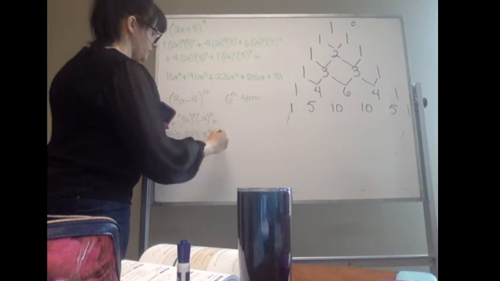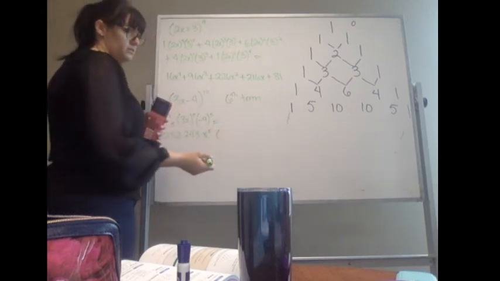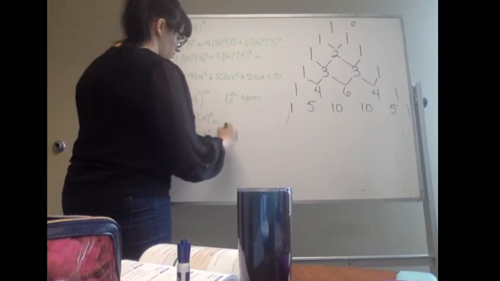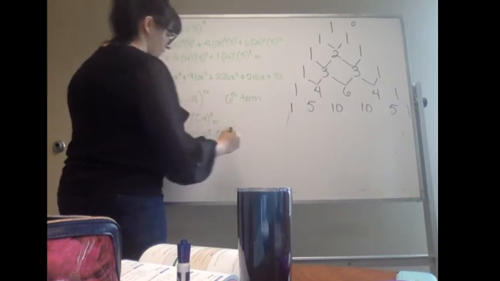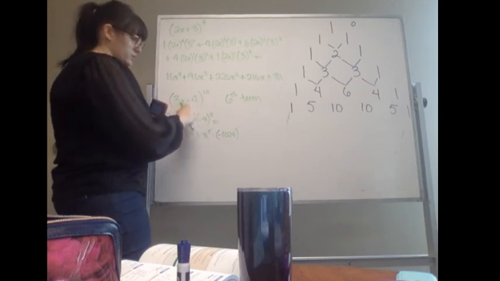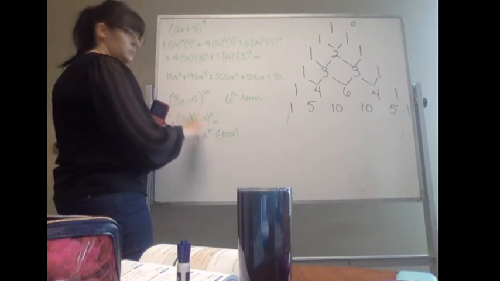Now we still have the negative 4 to the 5th. That simplifies if you just do negative 4 to the 5th in your calculator: negative 1024. And notice that when this is a subtraction in the binomial, the negative goes with the y term.